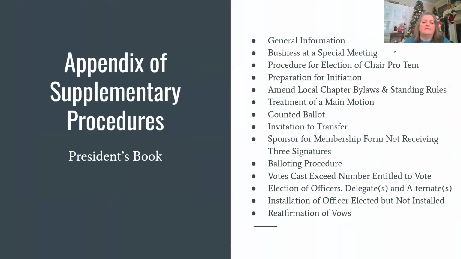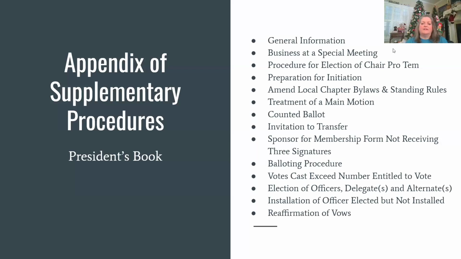In the appendices, there is one section on general information: business that can be conducted at a special meeting. If you call a special meeting for a particular point of business, that is the only business that you can discuss at that special meeting. There's a procedure for an election of a chair pro tem in case your president and vice president are not available for a particular meeting.